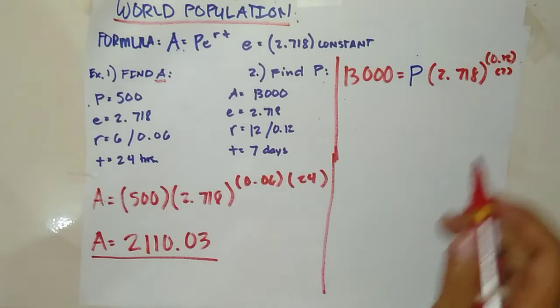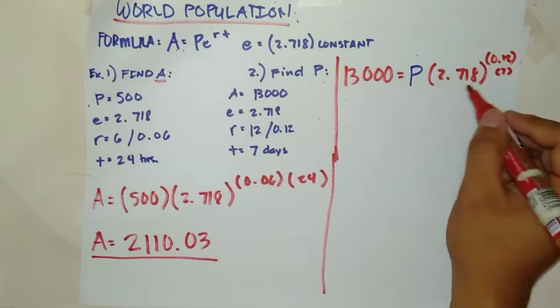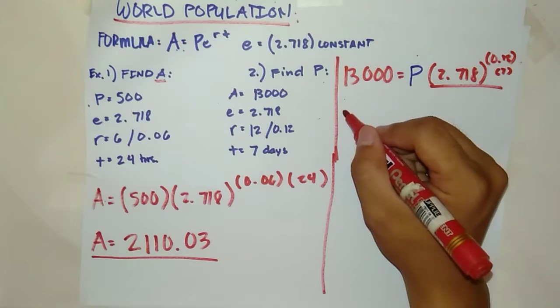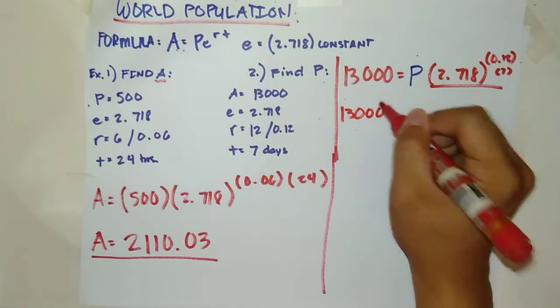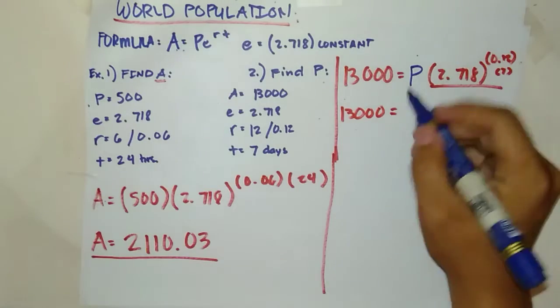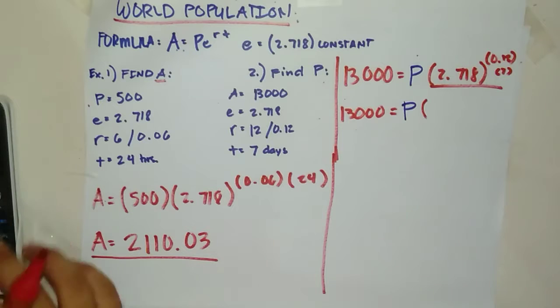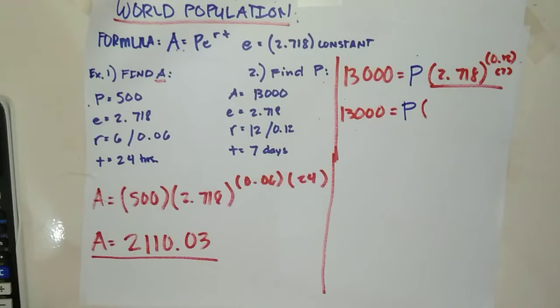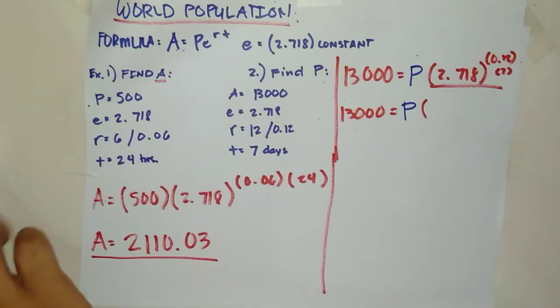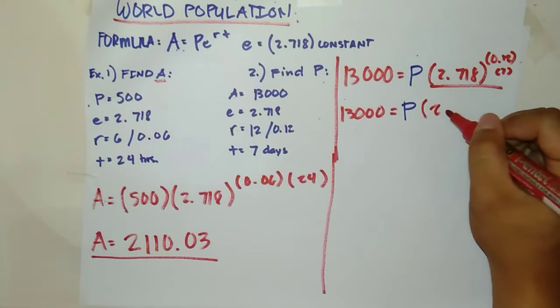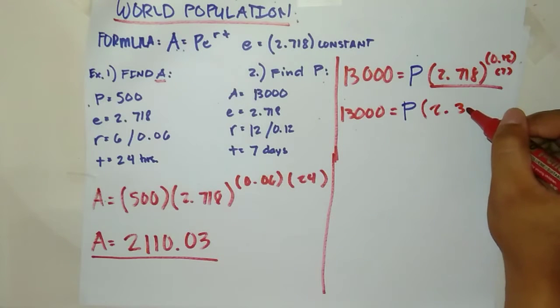So here we need to solve this first. 13,000 equals P times the value that you will get from your calculator. So you will get 2.316.